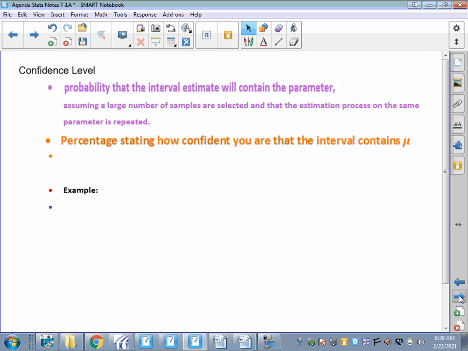Remember, everything kind of comes together. This is our degree of confidence, and it must be assigned before we make any interval. You can't go forward if I don't tell you how confident I want you to be. So I'm going to tell you, I want you to be 98% confident on this. If I don't tell you, I screwed up, so please ask me.